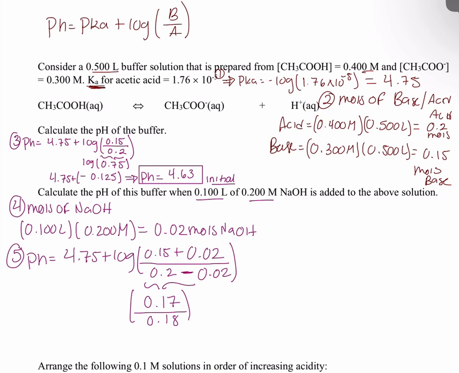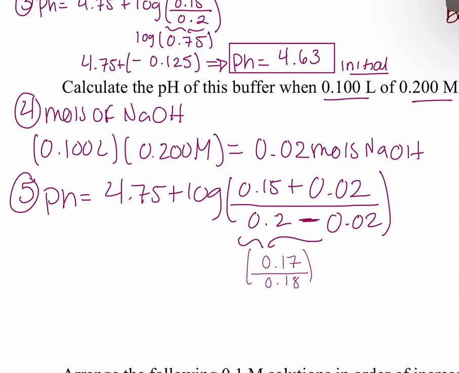And now we're just going to divide that. 0.17 divided by 0.18. That gives us the log of, let me put this a little smaller. I'm running out of space. So that's going to give us, let me zoom in actually, log of 0.94.